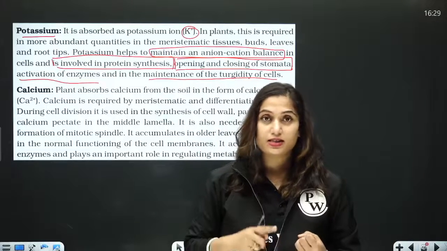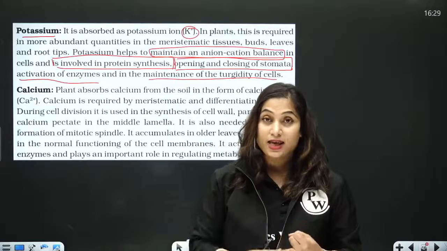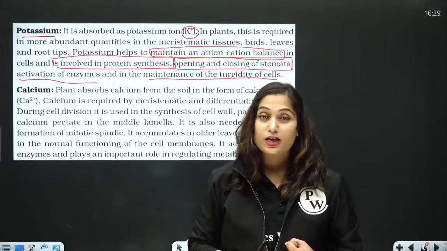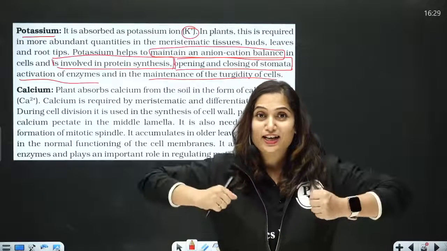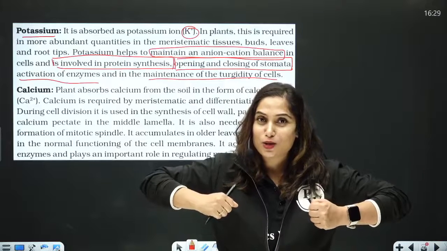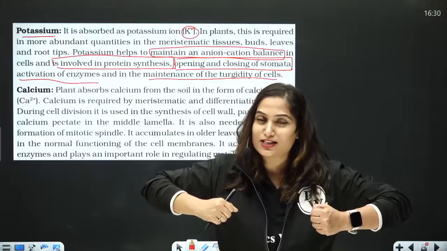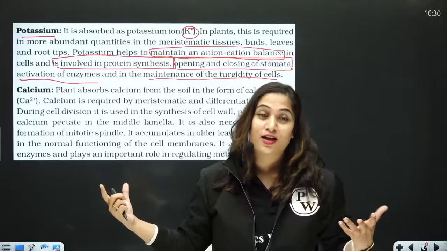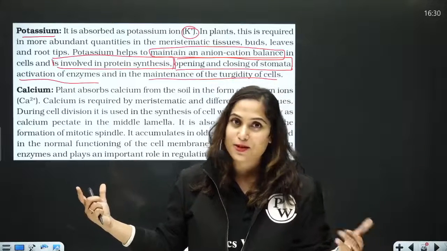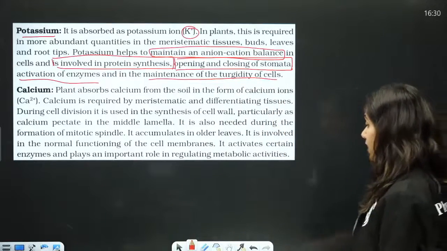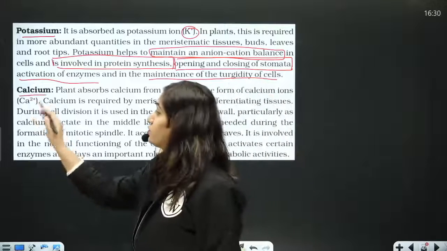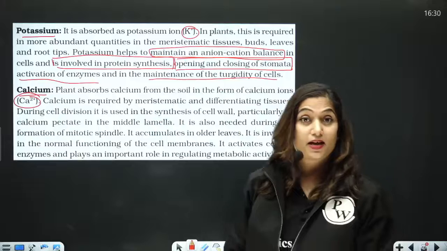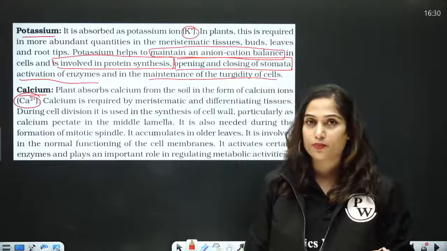First, it maintains anion-cation balance. Second, it is responsible for opening and closing of stomata. Third, it is responsible for the turgidity of plant cells and thus for maintaining their shape. It is also involved in protein synthesis, and it can also activate some enzymes. Clear?